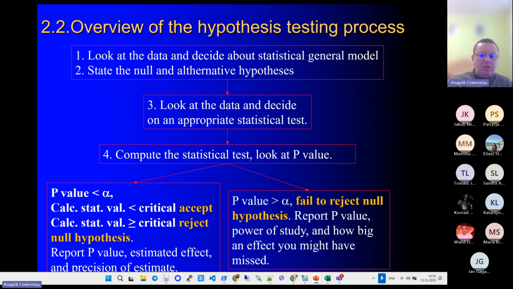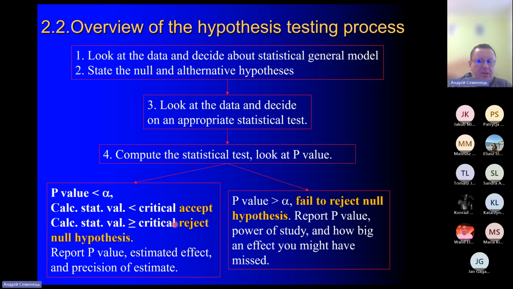Then choose a method, compute statistical tests, look at the p-value, and depending on what we have, is our statistical value smaller than the so-called significance level, the alpha level, which is the margin of error. We compare with some critical value and reject or accept the null hypothesis.